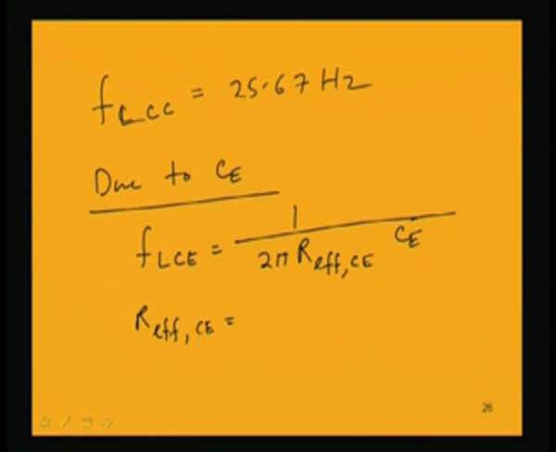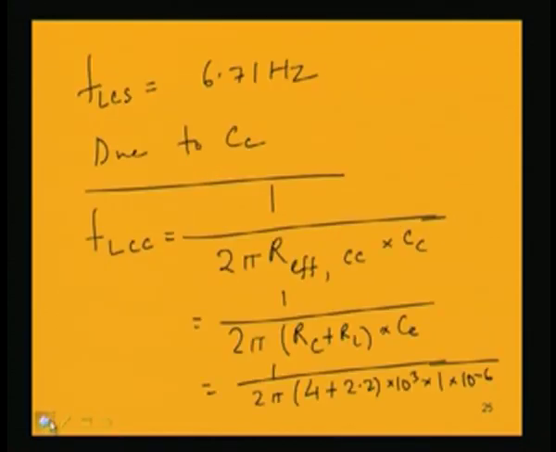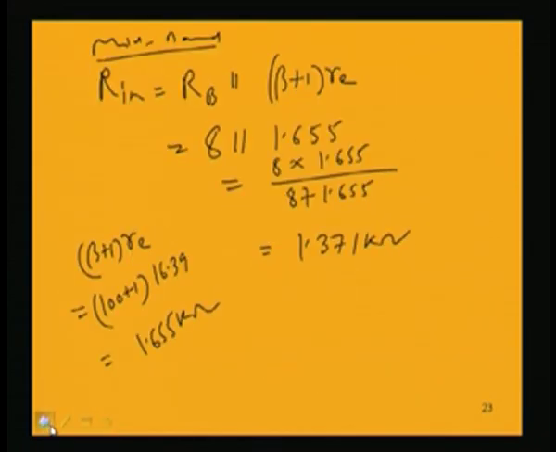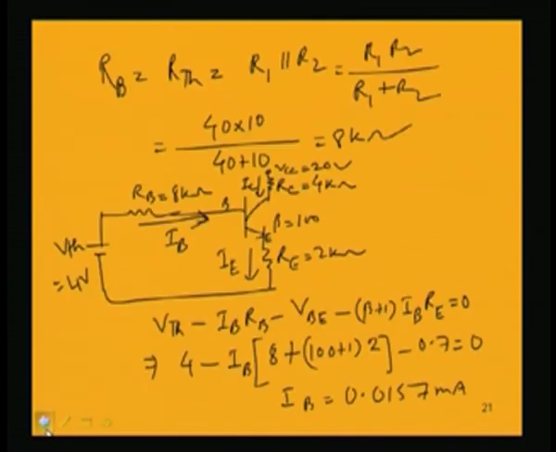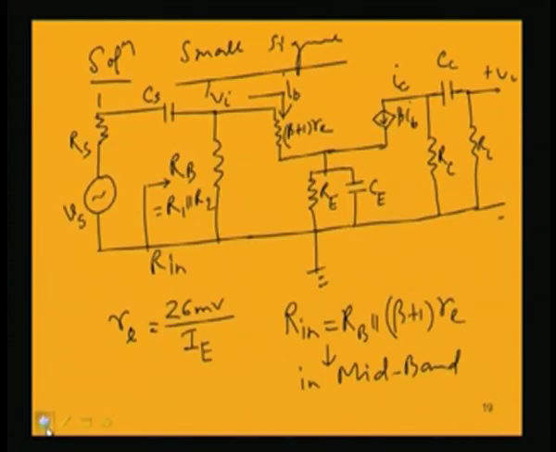If we look into the circuit, we have already found earlier that the effective resistance due to CE is nothing but the value of Re parallel (small re plus (Rb parallel Rs) divided by (beta plus 1)), and this derivation we have already done earlier.